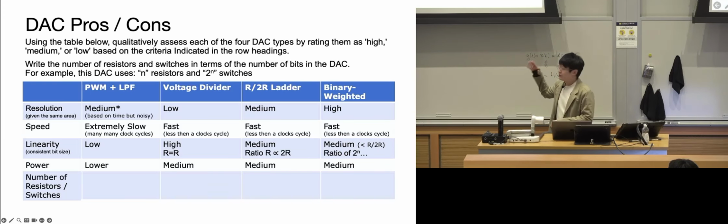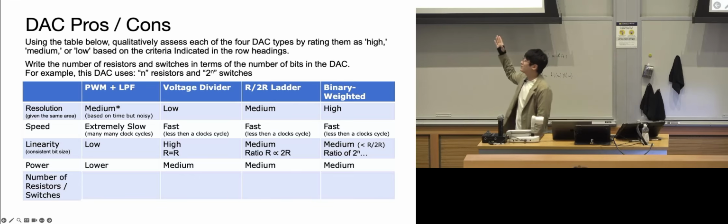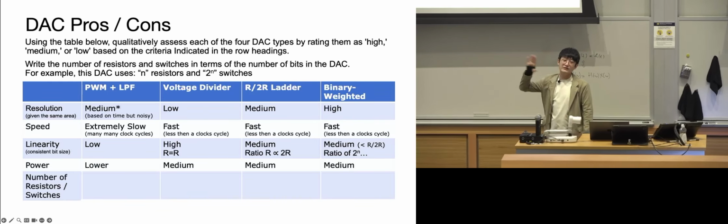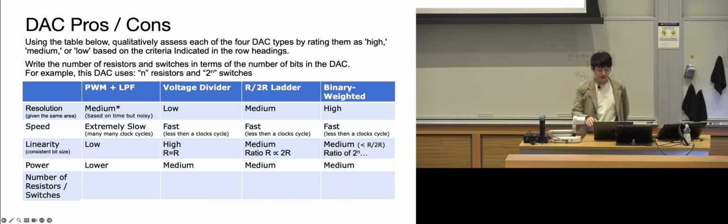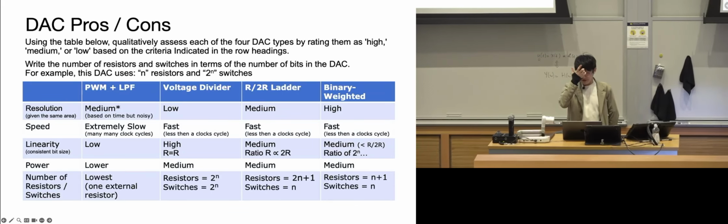How about the binary weighted? How many? Because it has the predefined value, this one actually needs n plus 1 resistors. The plus 1 is the R reference that's connected to the op amp. So there you go.